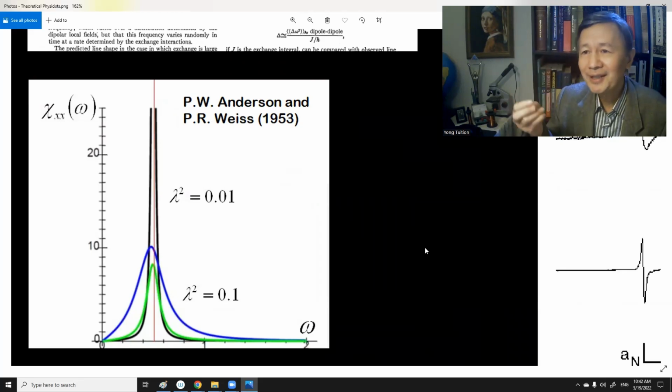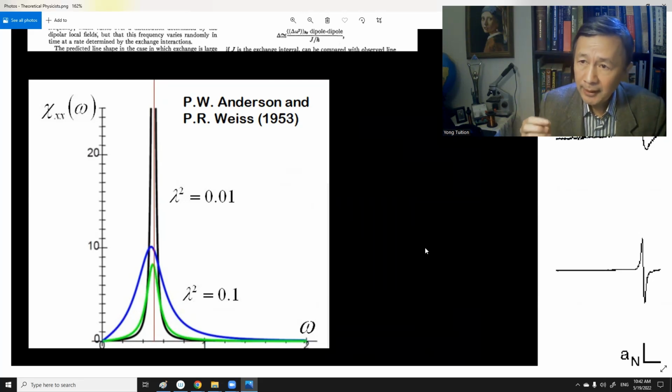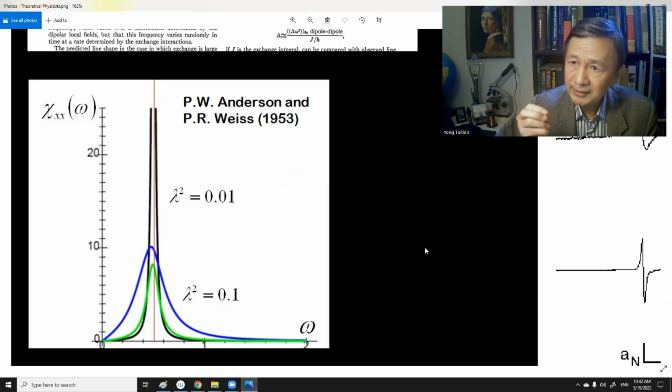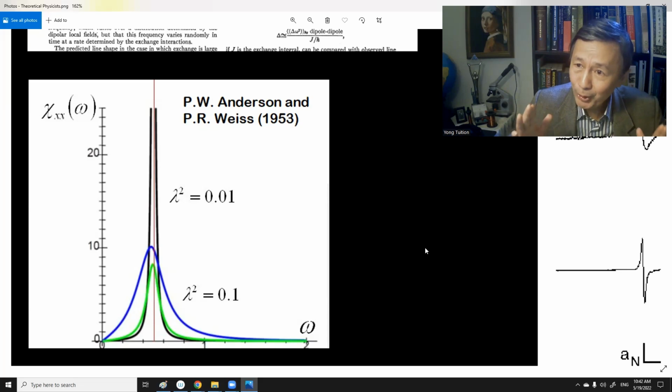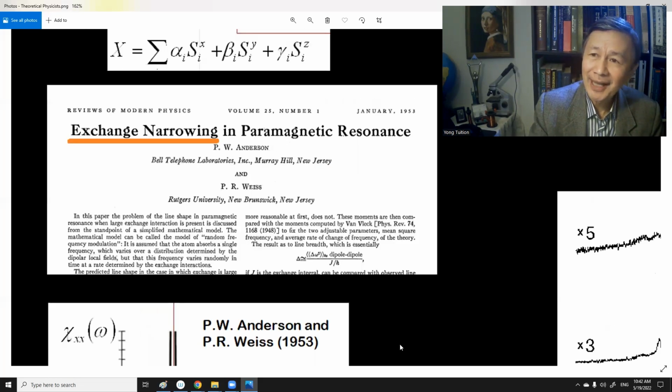If you just consider the dipole-dipole interaction alone, then according to his teacher Van Vleck, it always generates line broadening in the detected spectra. However, if the exchange interaction becomes comparable to or even stronger than the dipole-dipole interaction, the observed line widths are reduced. So that is the famous exchange line narrowing theory.